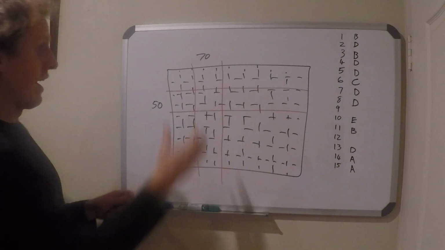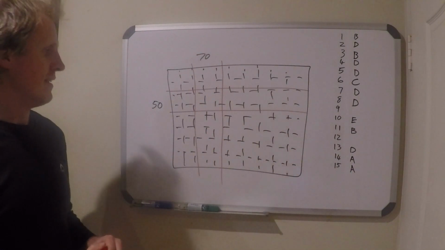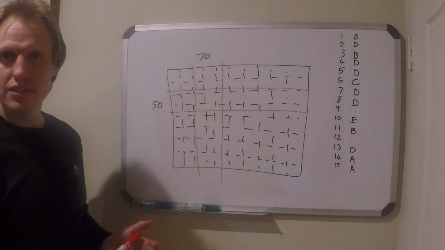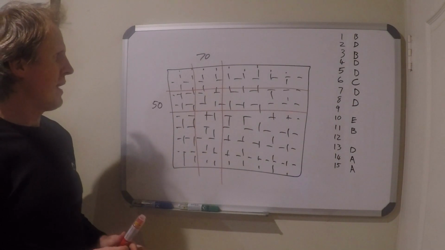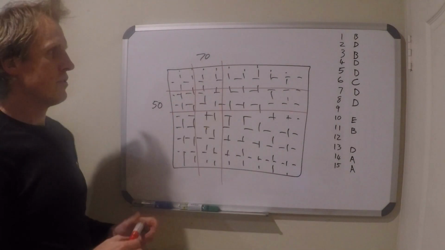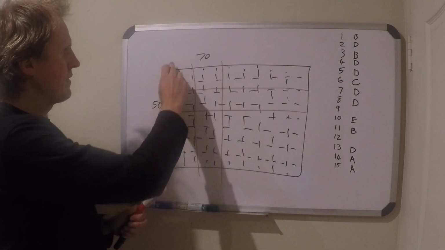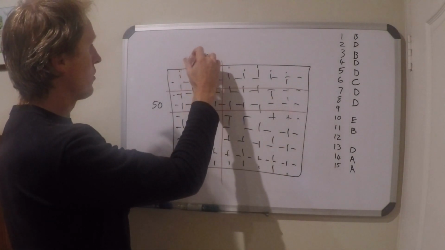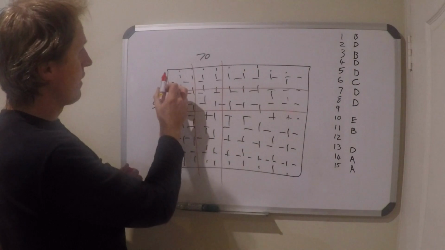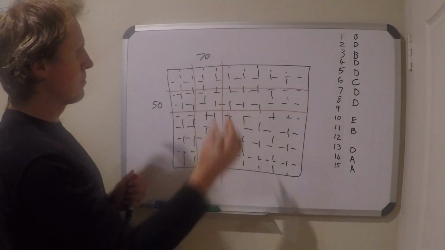Obviously I haven't drawn a full grid, but let's say that this was a 70 by 50. How many places are there to pick these two lines? Well, if it's a 70 by 70 grid, the first option, so we want to draw one vertical line, there are 71 places we can put that.